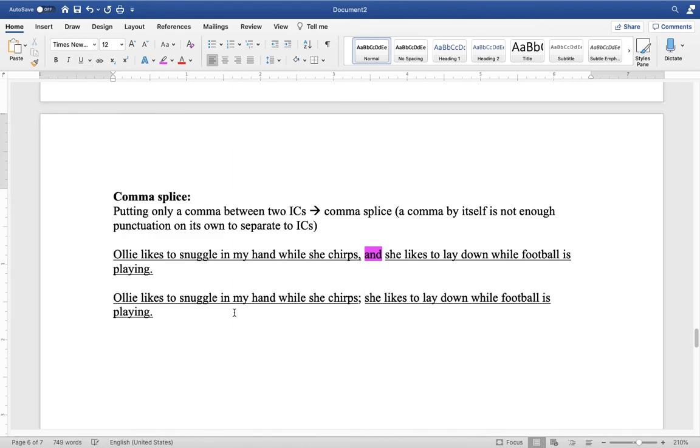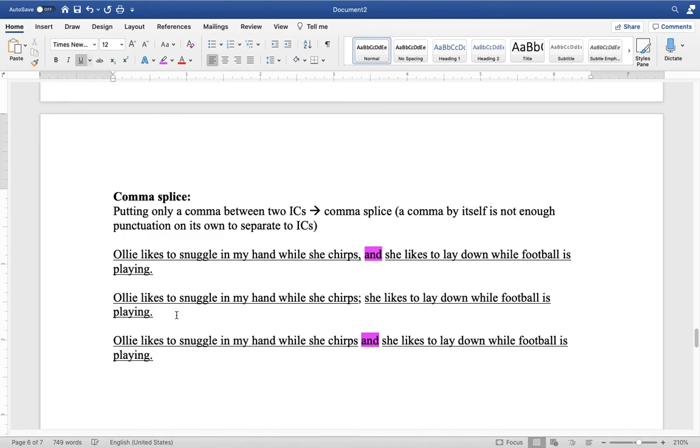Or we could do that semicolon. Or we could do that. And then this, I'll join the underline there, because then since I got rid of the subject, now that becomes a dependent clause.